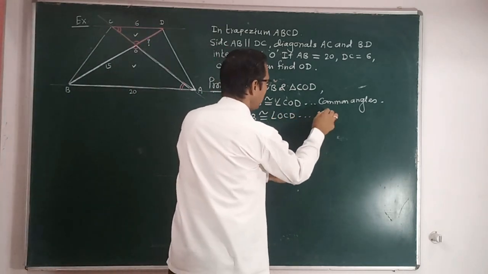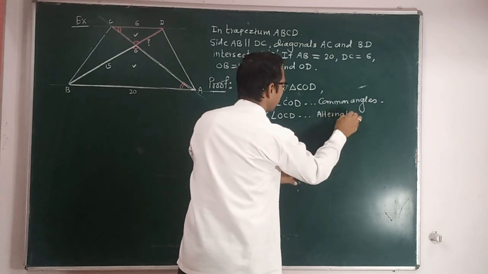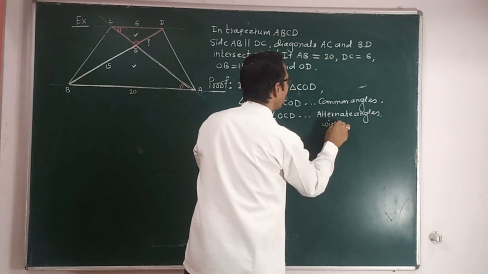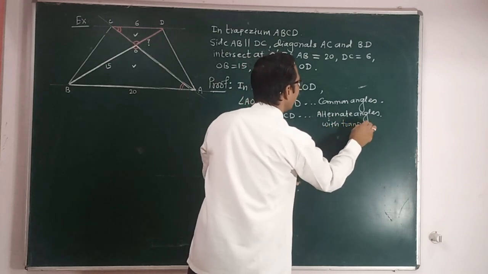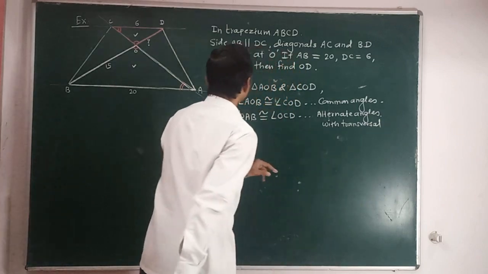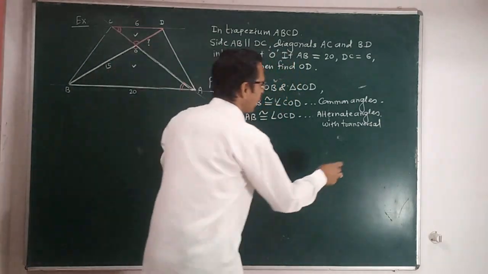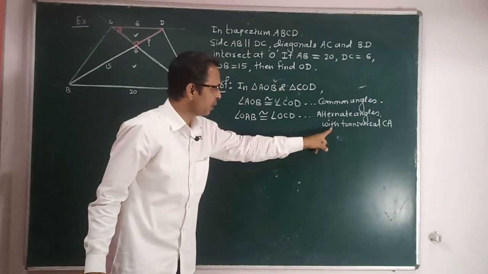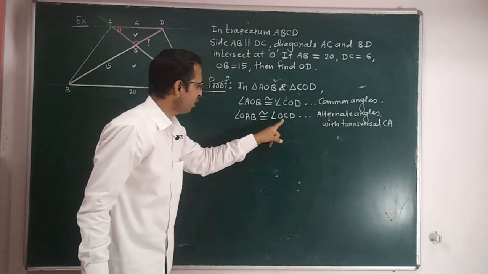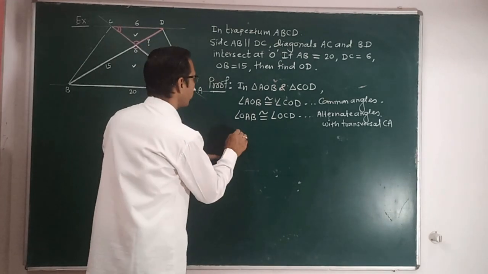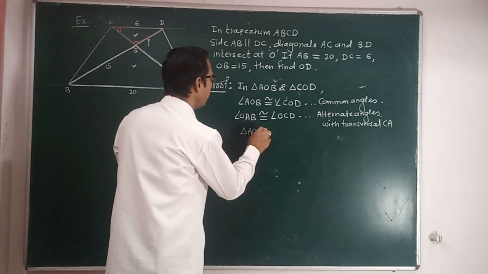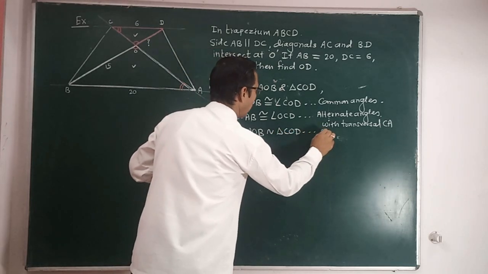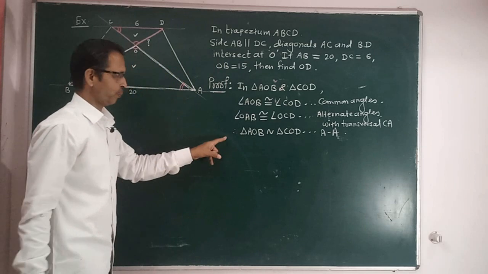Why? Because these are alternate angles with transversal AC. And that's why triangle AOB is similar to triangle COD by the AA similarity test.